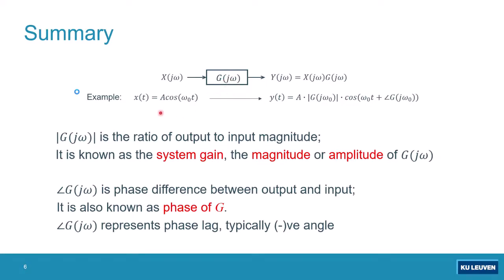If to this system I give a harmonic input, let's say A cos(ω₀t), the response will be pretty similar to the input, but the amplitude will be magnified and the phase will be shifted. That's what the frequency response function tells us.